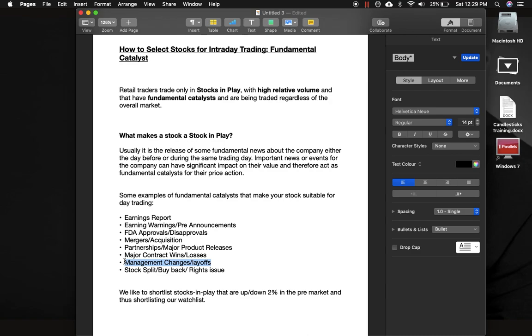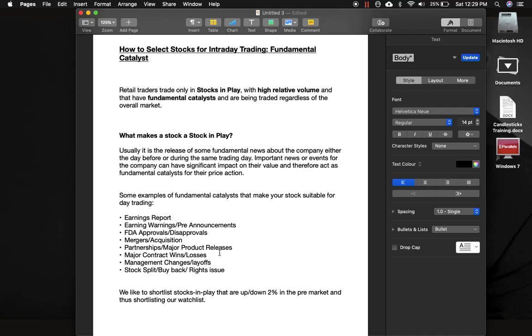Also, any management changes. An example of this would be Yes Bank laying off Rana Kapoor, or the recent PNB managing director. Any executive director being appointed, any resignation in the management, the board. So all of these things. Whenever you get any kind of this announcement or news, your stock will become a fundamental catalyst.